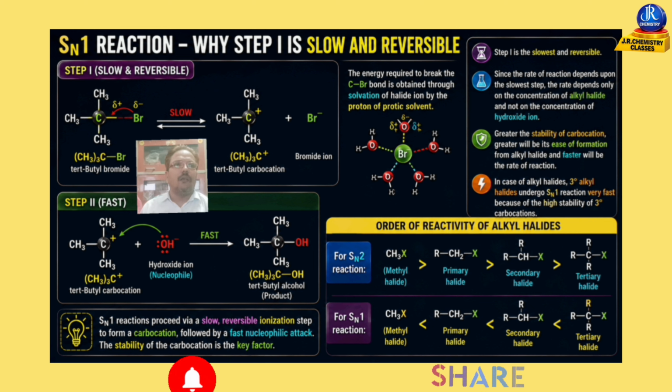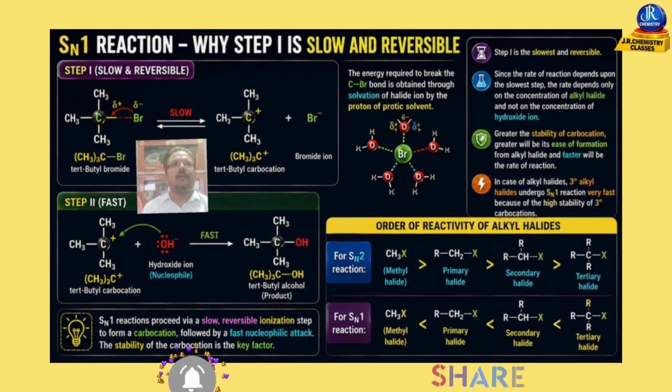Since the rate of reaction depends upon the slowest step, the rate of reaction depends only on the concentration of the alkyl halide and not on the concentration of hydroxide ion.